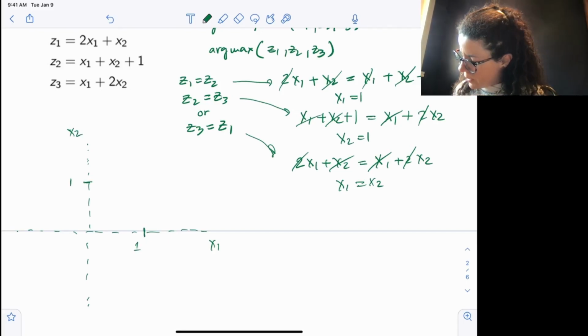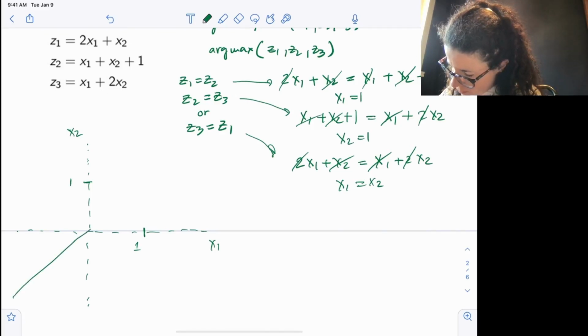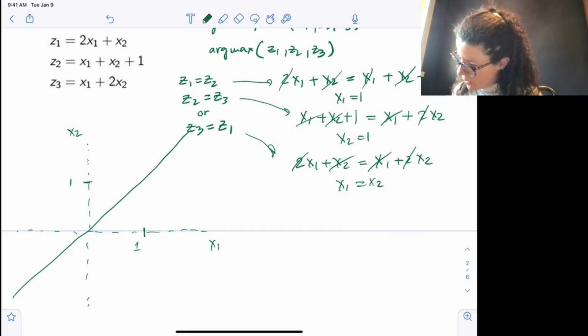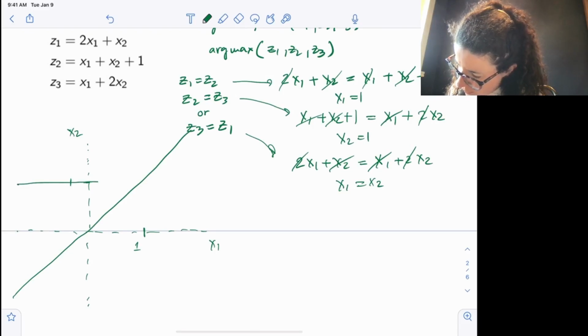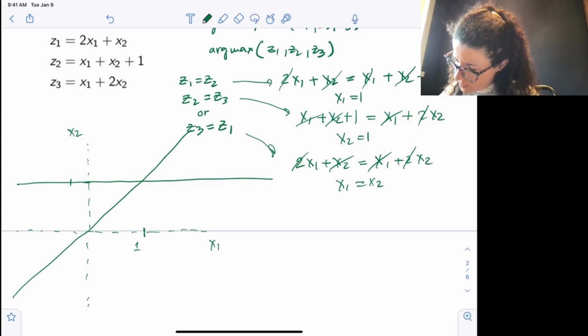And we have x1 equals x2. It's just a line. And then we have x2 equals 1, it's this line here. And then we have x1 equals 1, which is this line here.